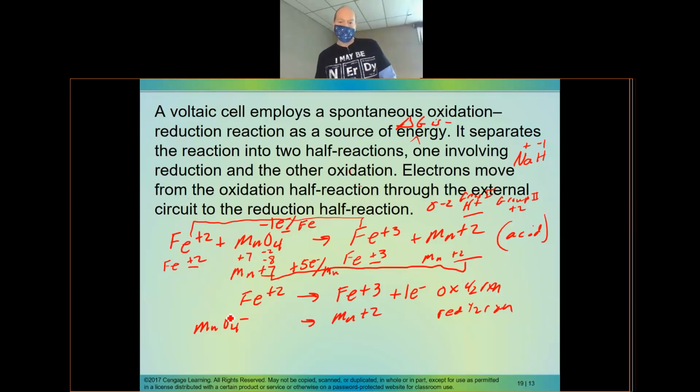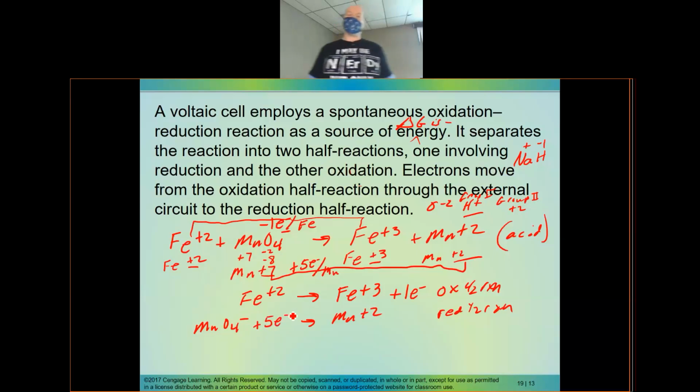This is where people will have their 3 electrons over here because they're balancing the charge. Electrons do not balance charge, and that's why I would not do it the book's way, because they balance their charge with electrons. That is not the way it works. The way it works is you balance your oxidation numbers with electrons. And so this needs 5 electrons.